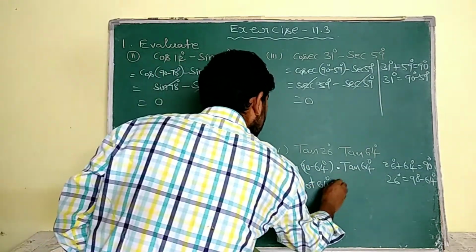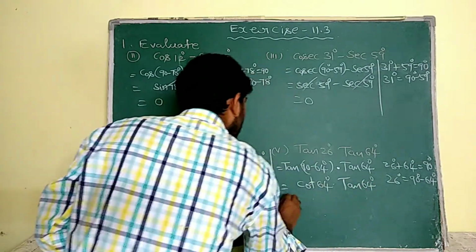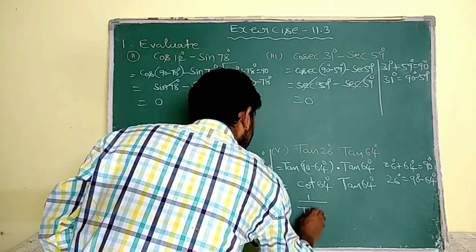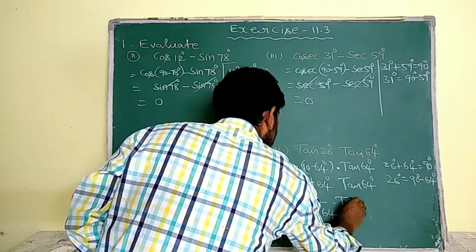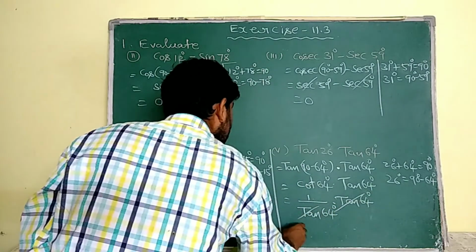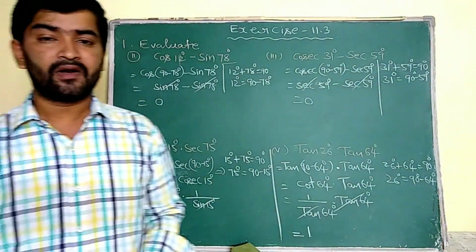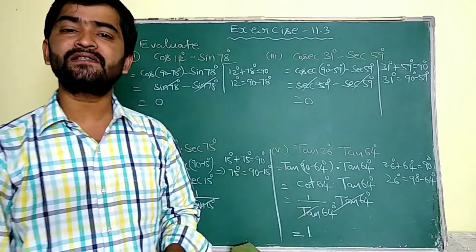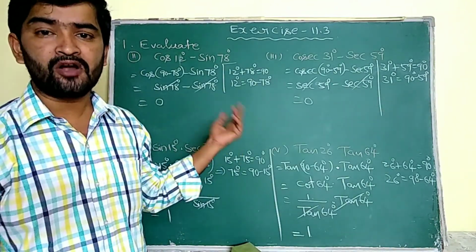So cot 64 degrees into tan 64 degrees. Now cot theta means 1 by tan theta, so 1 by tan 64 into tan 64 degrees. This tan 64 is going to be cancelled. Its value is 1.